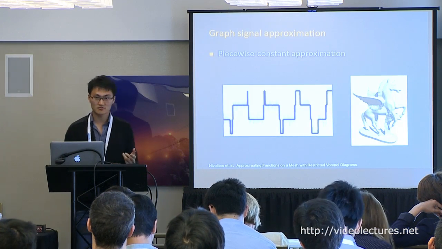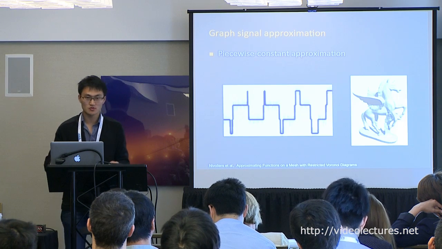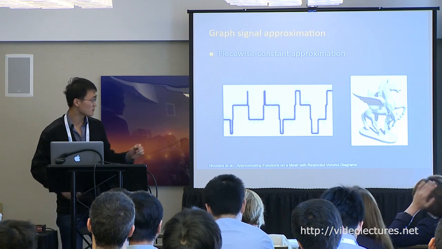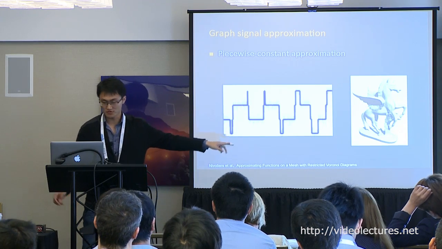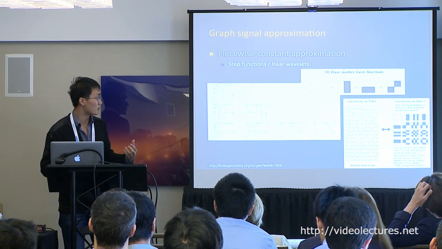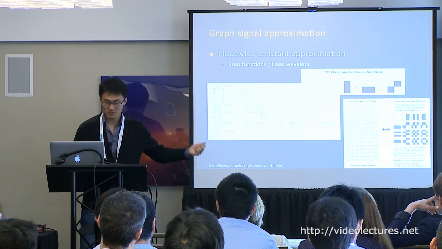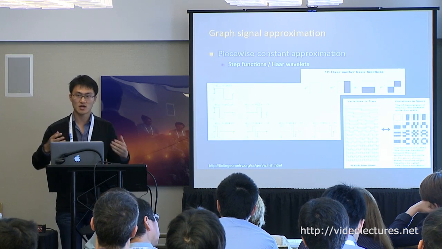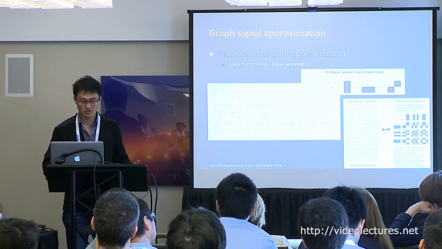Again, we can borrow ideas from signal processing. Like people do this piecewise constant approximation over and over again, for example, for time series or for mesh data. And they build techniques, for example, Haar wavelets or Walsh functions. So the main idea is to find a piecewise constant approximation to the original data.